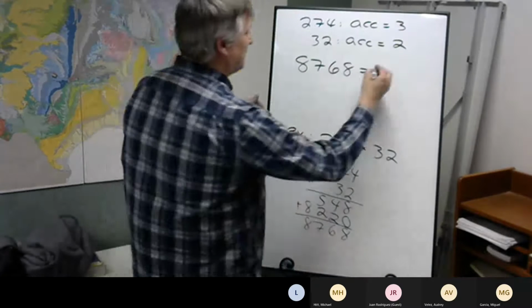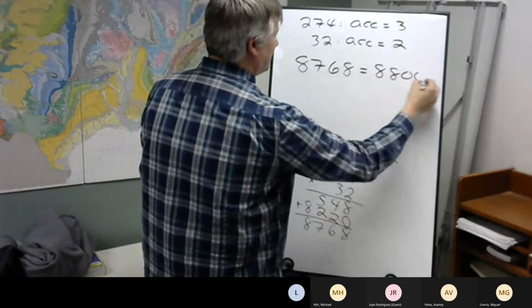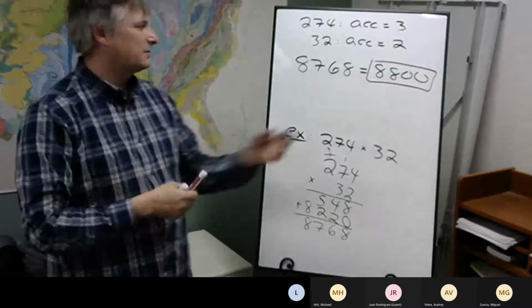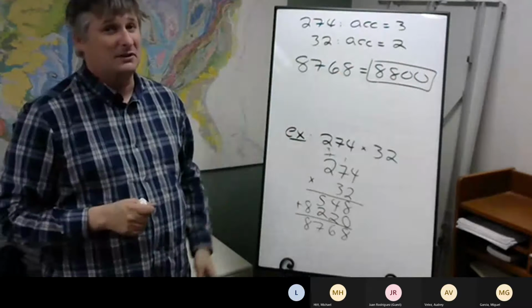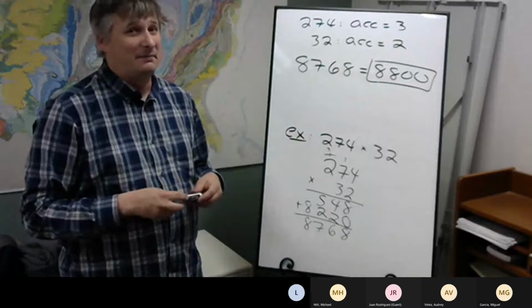So that's going to give us 8,800. And the reason we're doing this, we're going to have 2 significant digits because this only has 2 significant digits. Some questions about that?